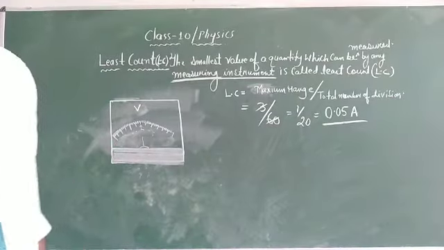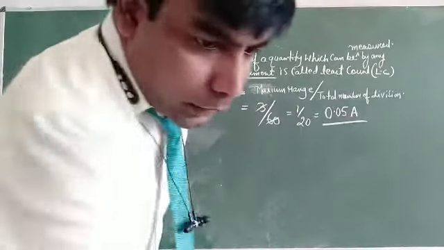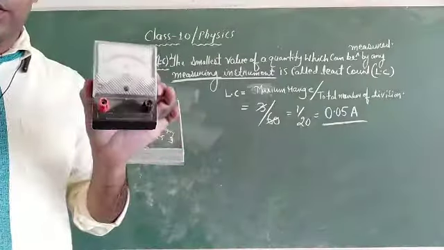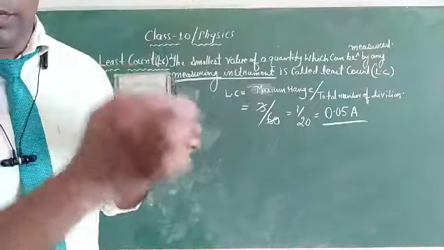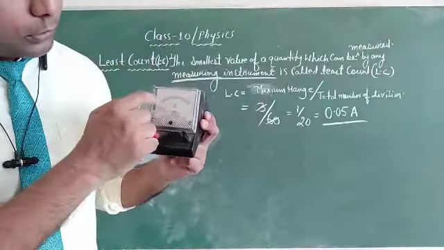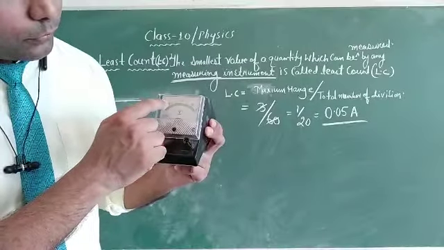See, here is the voltmeter. Here also it is the same. There will be a number of different marks and the reading is given in 0.5.